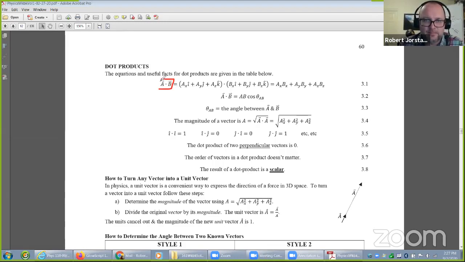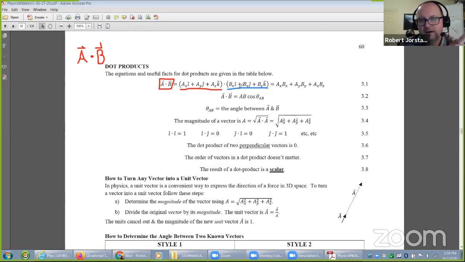This is called a dot product. This is how you say it: you don't say A times B, you say A dot B. Notice the input: I have a vector, something with I's and J's. I have another vector. So the inputs are two vectors.